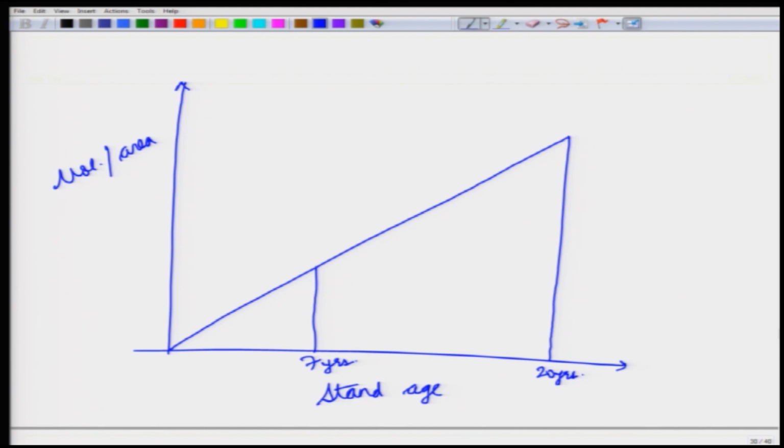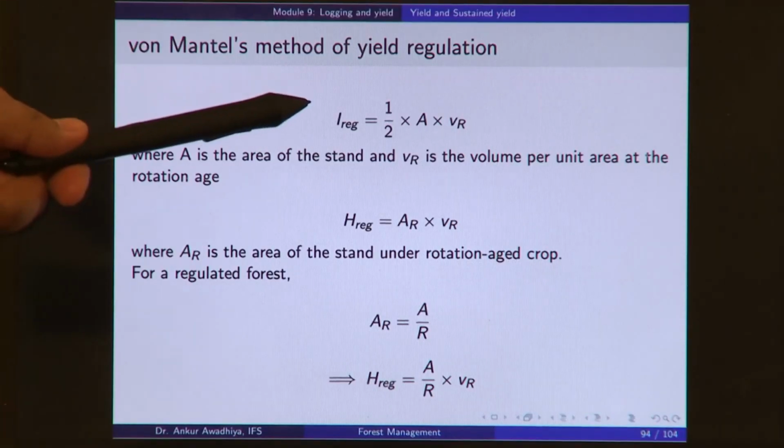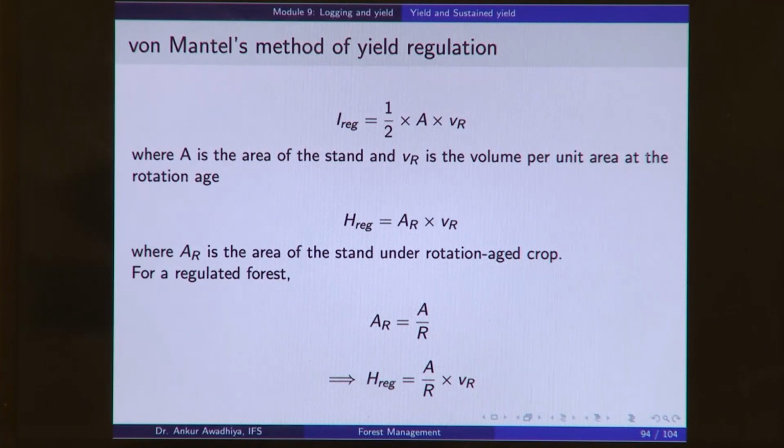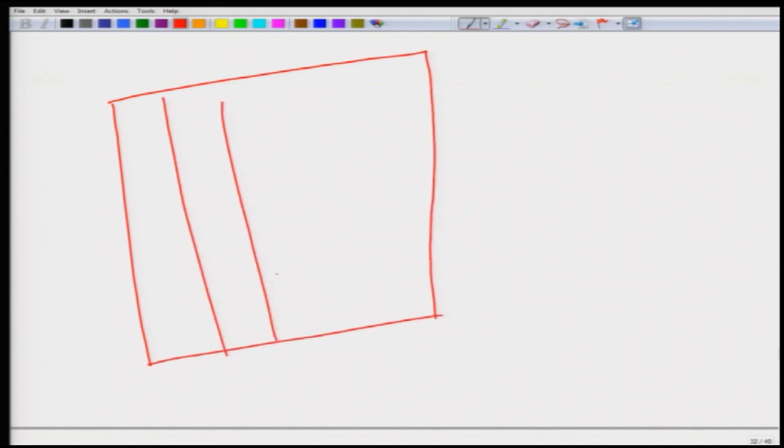Then it says what is the inventory of a regular forest. Now, this method is trying to build upon Andeshagen's method. The forest is divided into a number of sections, and every year we will be working on one particular portion, which is the coop.